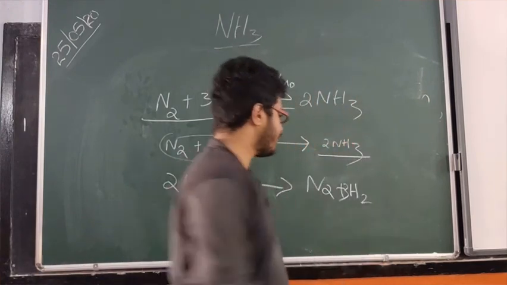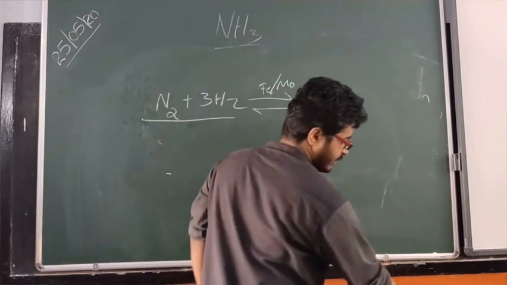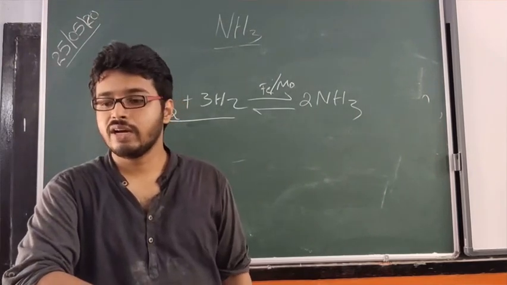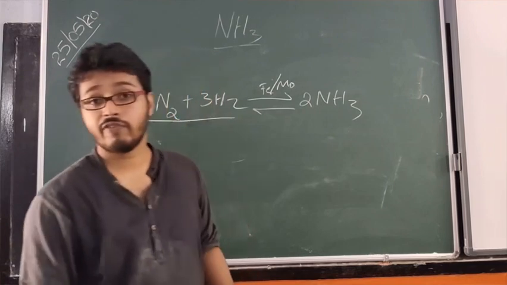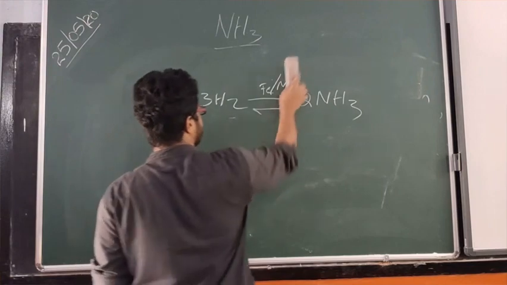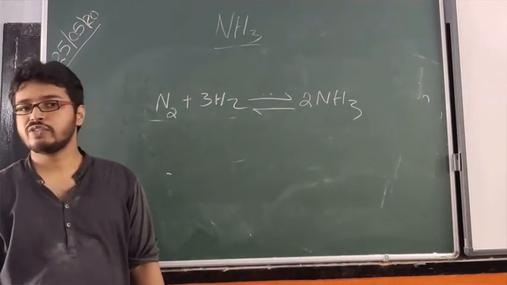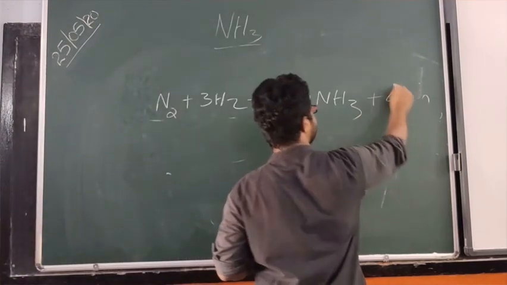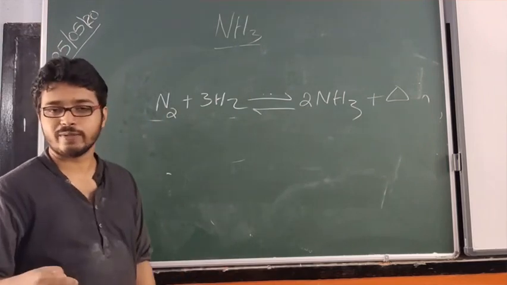And also there is one more thing. If there is a question: write the balanced chemical equation for the industrial manufacture of ammonia. Suppose that is a 1 mark question. If you have written only the equation, you will get half a mark.